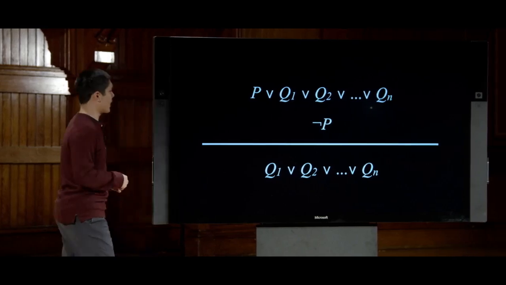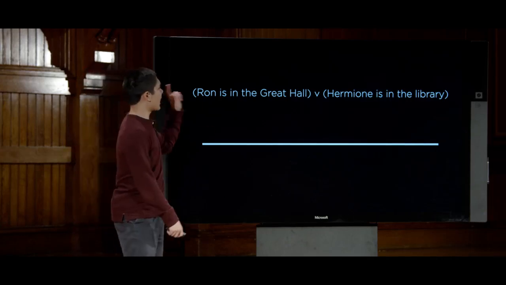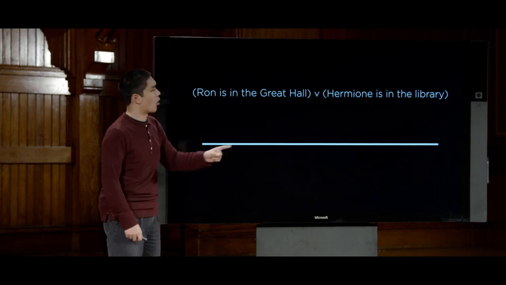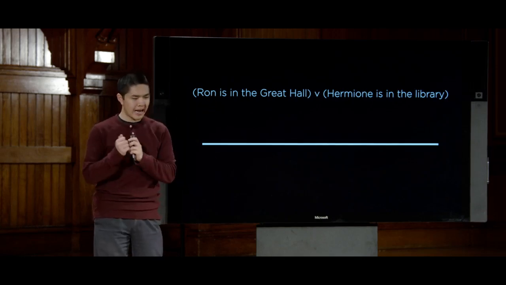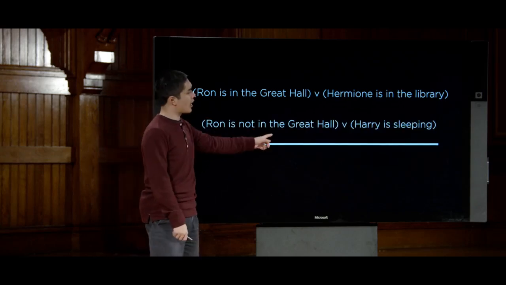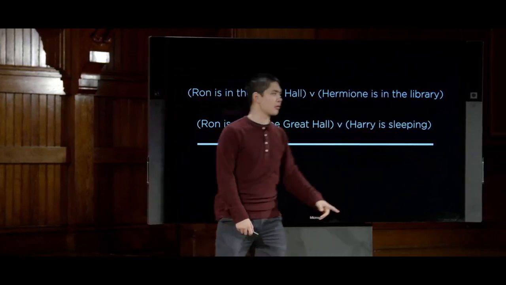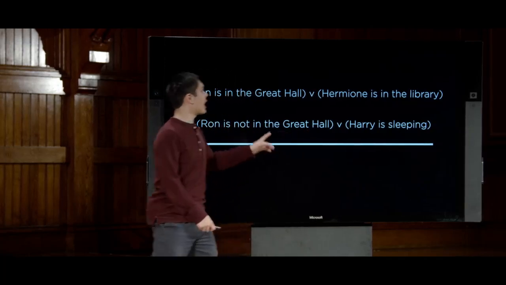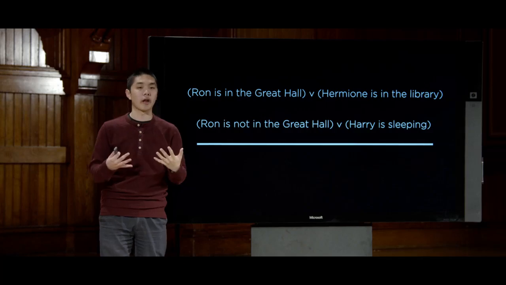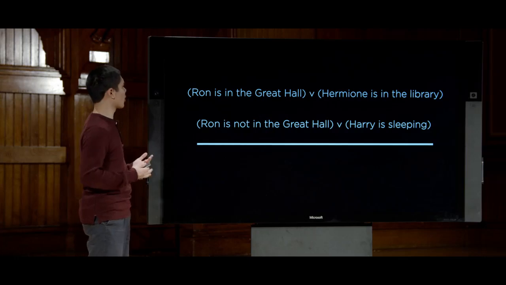So let's take another example. Let's say, for instance, that I know the same piece of information, that either Ron is in the Great Hall or Hermione is in the library. And the second piece of information I know is that Ron is not in the Great Hall or Harry is sleeping. So it's not just a single piece of information. I have two different clauses, and we'll define clauses more precisely in just a moment. What do I know here?